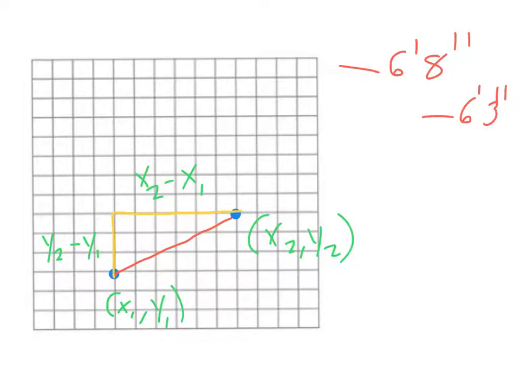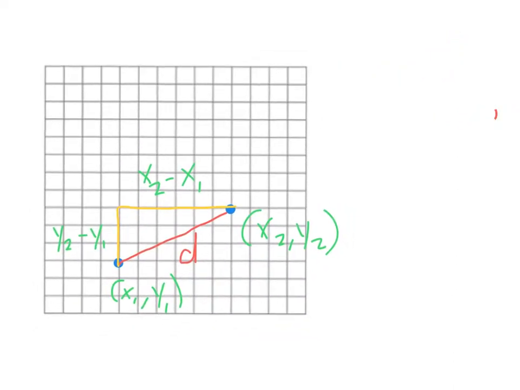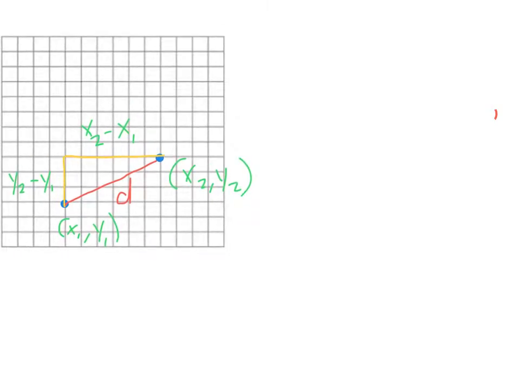And now let's say that I'm looking for the hypotenuse, which is just the distance between the 2 points, right? So I'm going to use the variable d to say I'm looking for that distance. So now plug this into the Pythagorean theorem. So give me just a second here to clear this side of the screen and give me enough room. Okay, good. Now, the Pythagorean theorem says a squared plus b squared equals c squared. Now here, I'm going to let my a be this side length. Okay, it doesn't matter which is which.